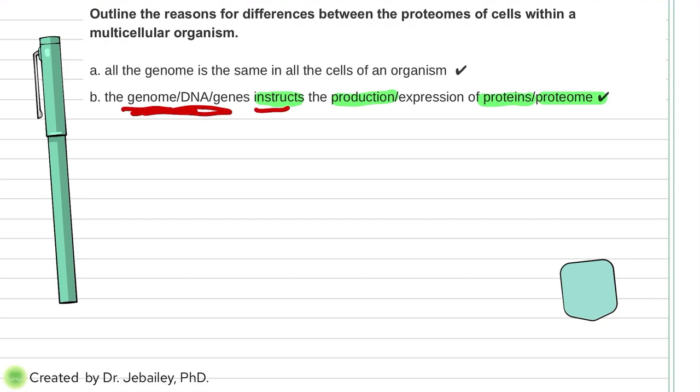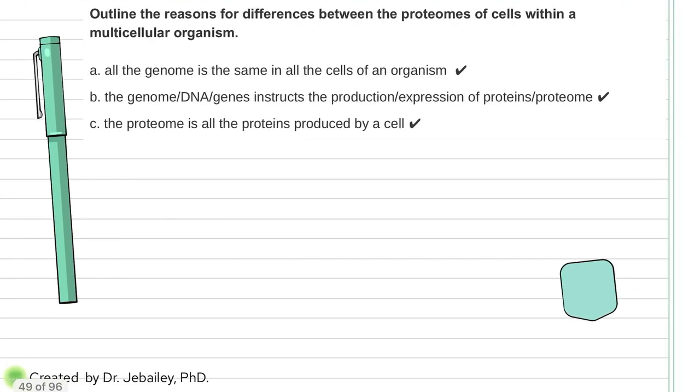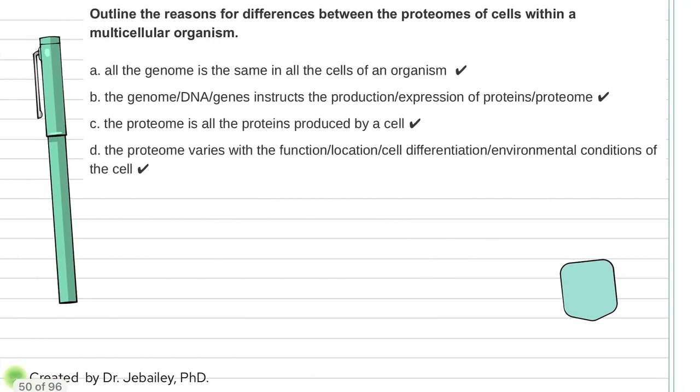What it does is instruct the production of proteins or the expression of proteins. So genes tell you how to make a protein. Next, the proteome is all proteins produced by the cell. That's what it means. Proteome is all of the proteins inside of a cell.